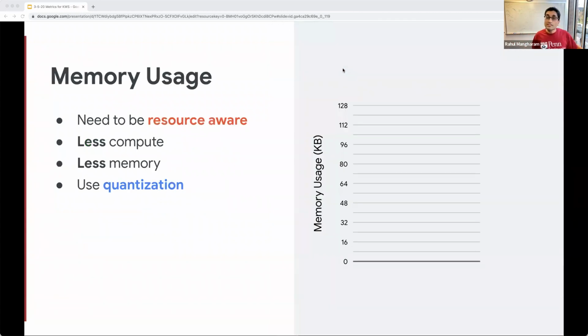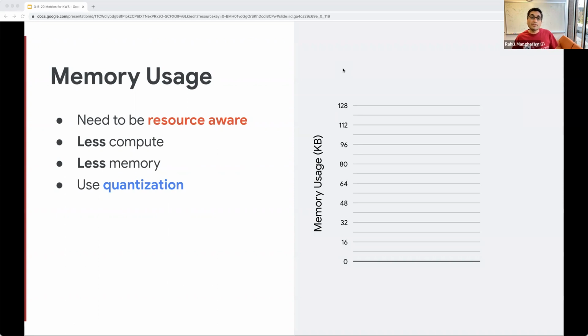When we did quantization, we brought our tiny model down from 70 kilobytes in float to just 17 kilobytes in int8 format. Now, when we are talking about models, we are focusing on the model size alone. Take a step back and think about what's really happening in the TinyML application running on your microcontroller.